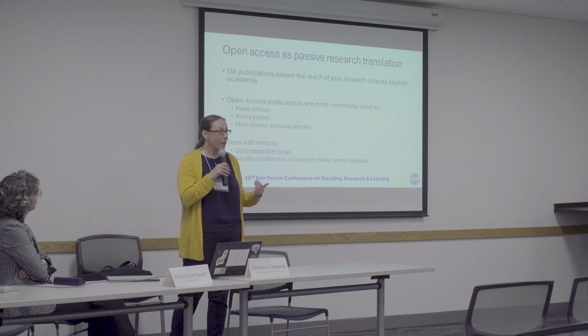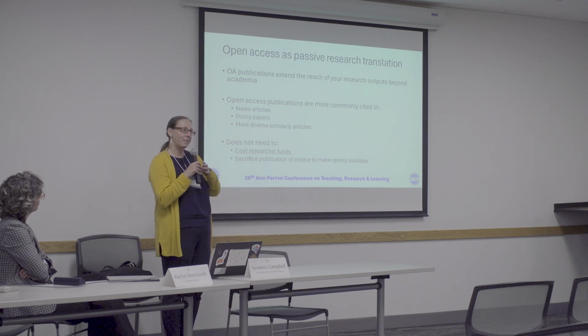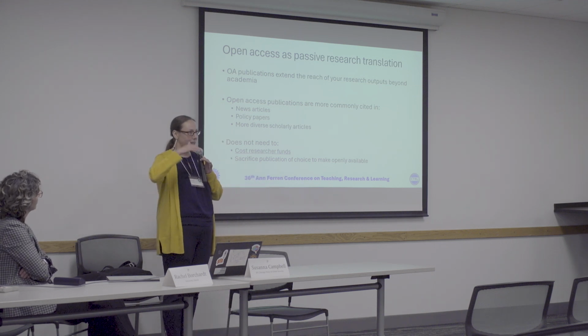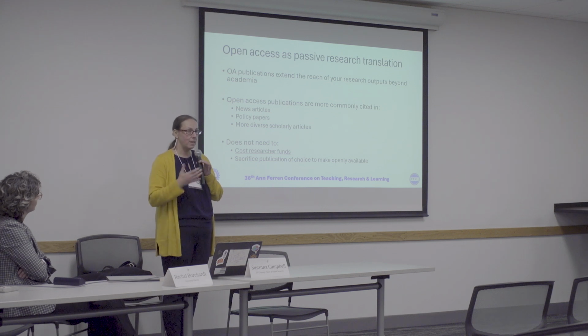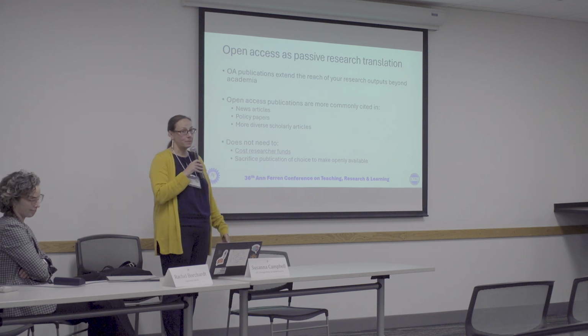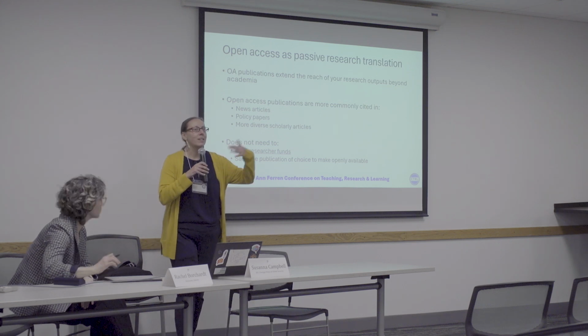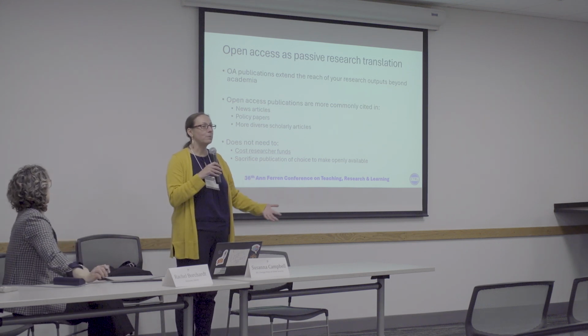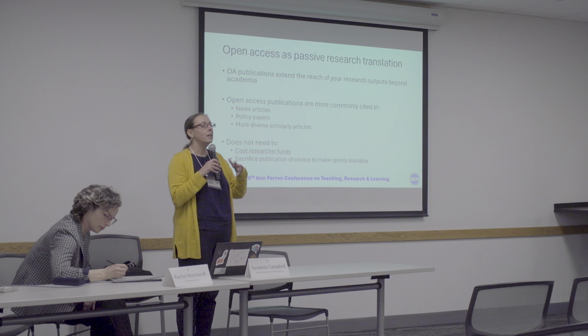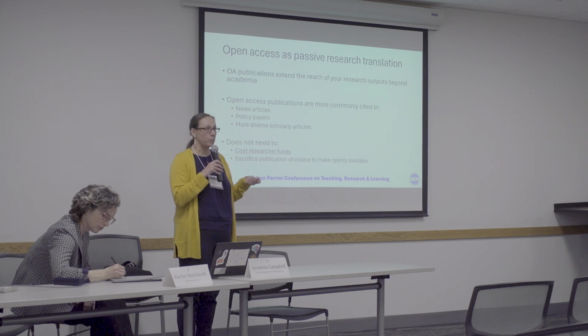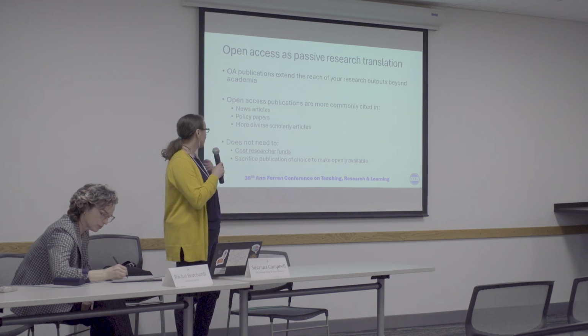If you put it behind a paywall, the people who can access things behind a paywall are libraries, well-funded institutions, not necessarily policymakers and journalists, as well as practitioners, general public, right? Really anyone who doesn't have great institutional access loses the ability to access your research unless it's open access.